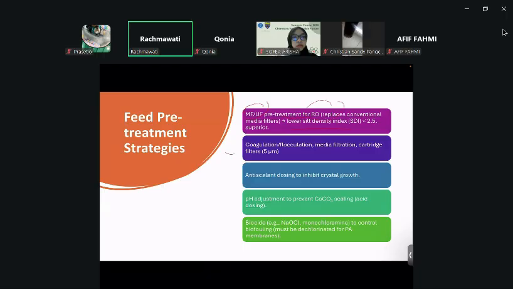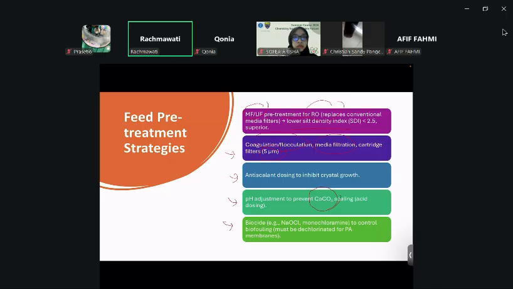Or you can apply coagulation or flocculation or cartridge filters to filter out particles more than 5 micrometers. You can also use antiscalant dosing to inhibit crystal growth, so you don't have precipitate of ionic compounds. And then you can adjust the pH to prevent the precipitate of calcium carbonate, for example.